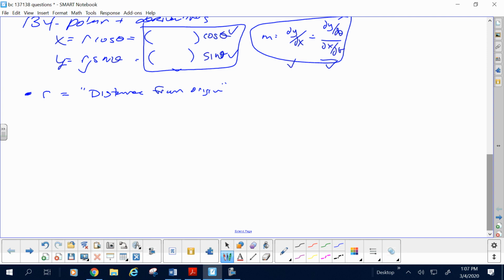But when is the distance from the origin increasing in polar? R and dr/d theta are the same sign, yeah? So it's either a positive R and it's getting bigger because dr/d theta is positive, or it's a negative R and it's getting smaller because both are negative. You follow? I think that's all there.